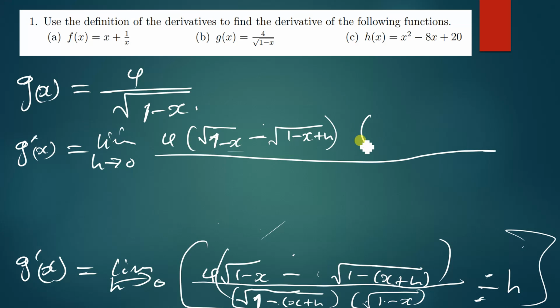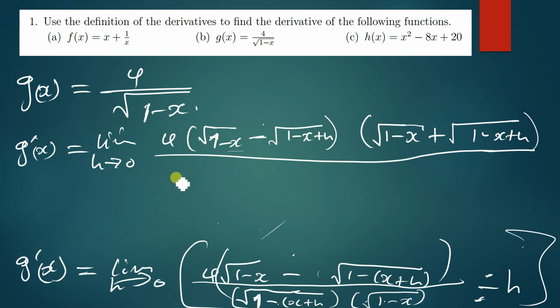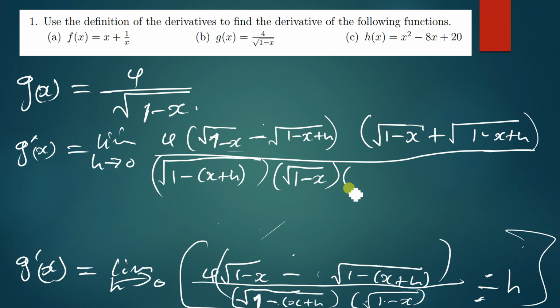The conjugate of the numerator there will be the root of 1 minus x plus the root of 1 minus x plus h. Then everything we divide by, we have the root of 1 minus x plus h in brackets. We also have the root of 1 minus x, and then we have the root of 1 minus x plus the root of 1 minus x plus h.